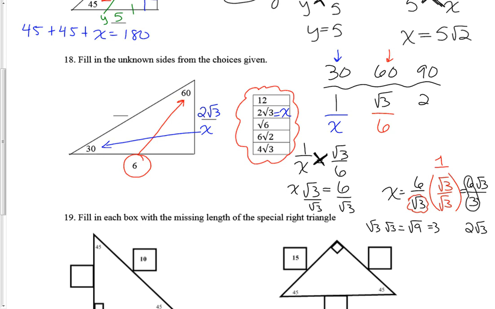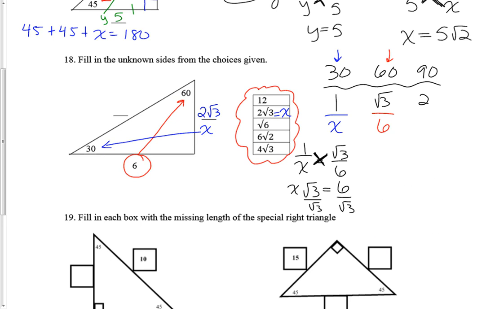From here, I need to find the other variable. Oh, I apologize. I was going to show you how to do that on the calculator as well. So if I have x is equal to 6 divided by square root of 3, I can pick up my calculator and figure out what that value is. And when I figure that out, I get 3.464.